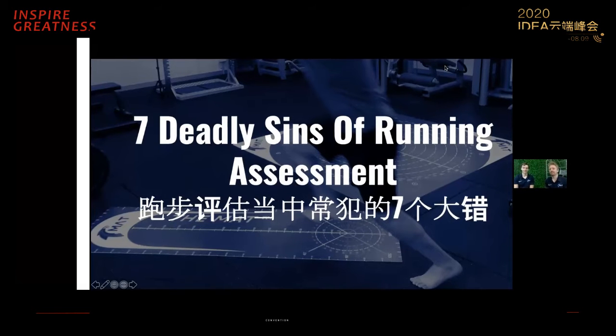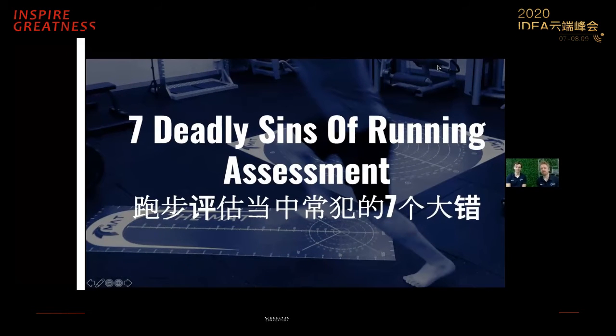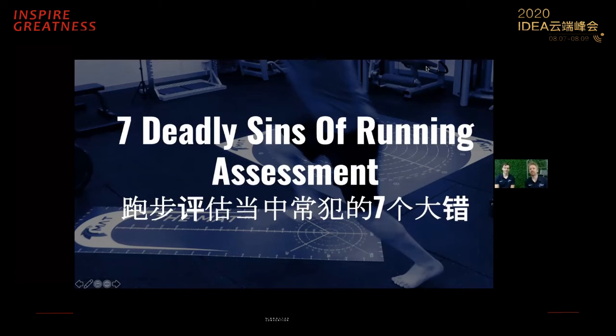So running is a big activity that many people do, but it's often something that lots of people have difficulty or injuries with.